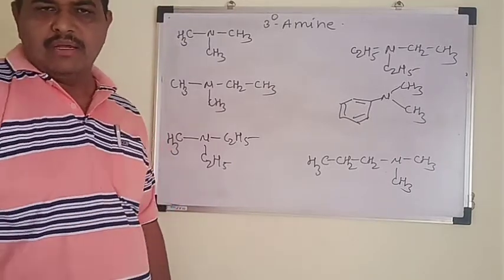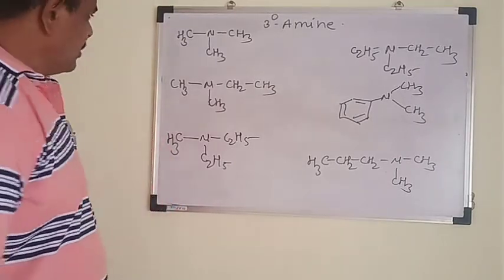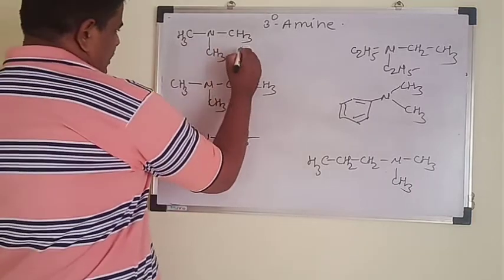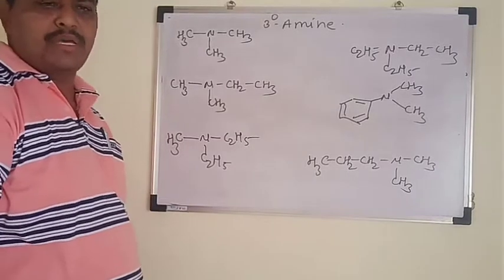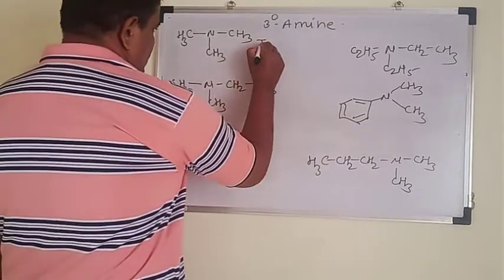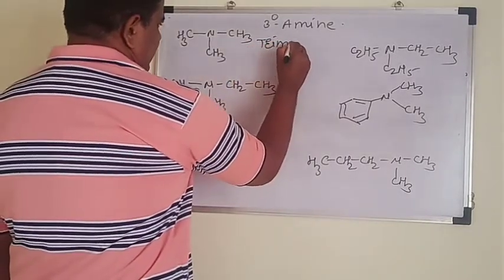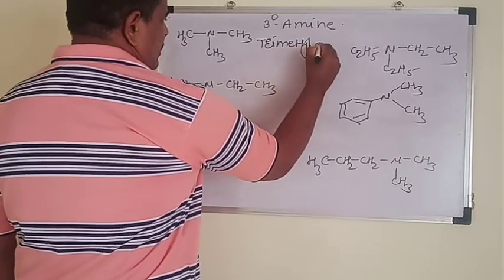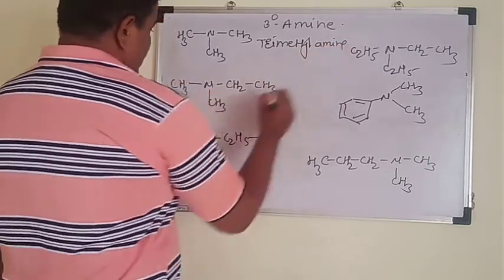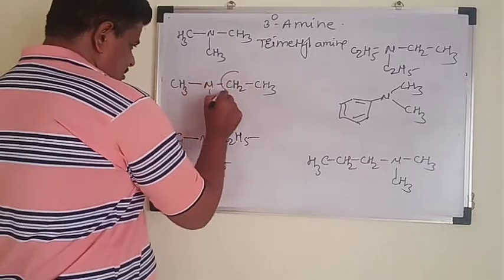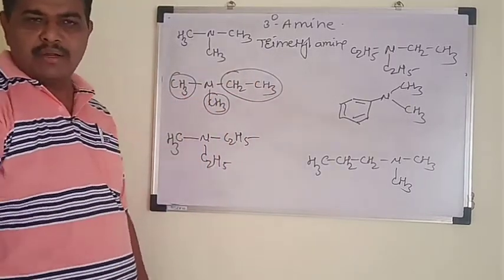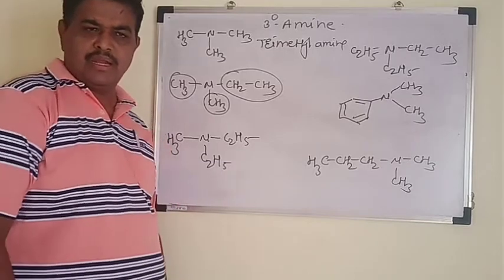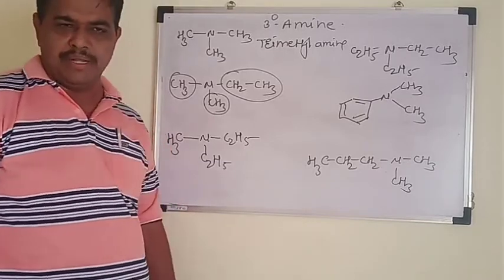Then we will consider common name system. So in common name system, these are named as trialkylamine if 3 R groups are same. So it becomes trimethylamine. In this case, R groups are different, and therefore these are arranged alphabetically.